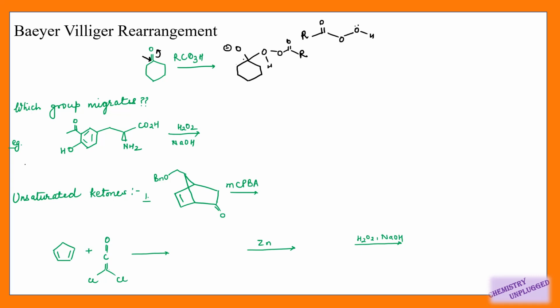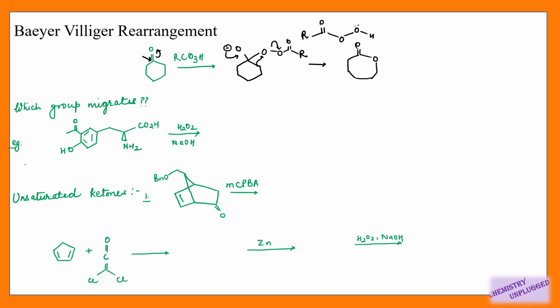And then when this negative charge comes back to its position, any of these two bonds will attack on this oxygen because it is electron deficient in nature after removal of this carboxylate, because it is a good leaving group, and when it removes, this oxygen will become electron deficient. So this carbon will rearrange here to stabilize this. So we will get a 7-membered ring, right?